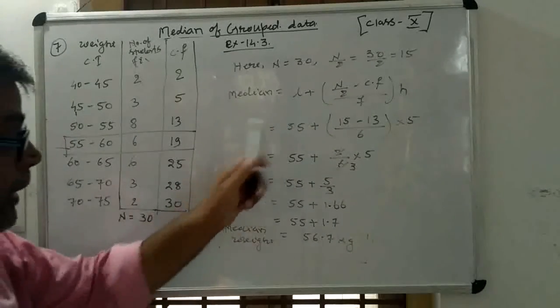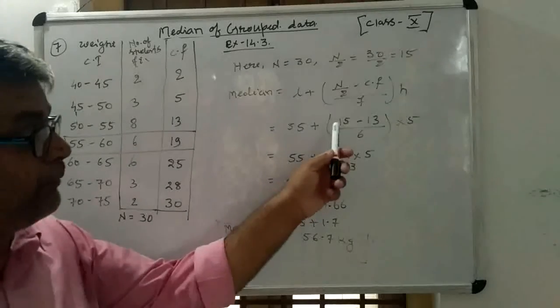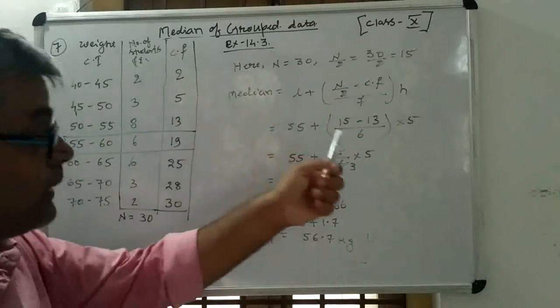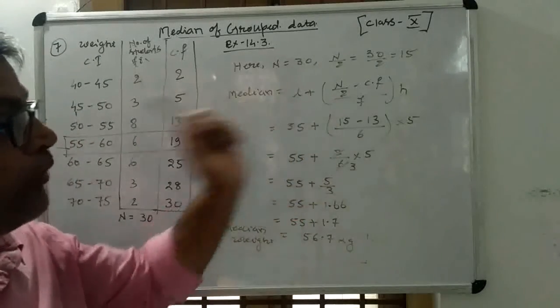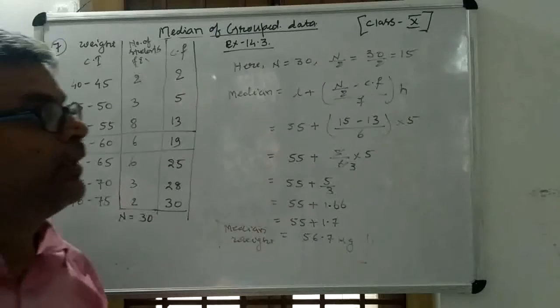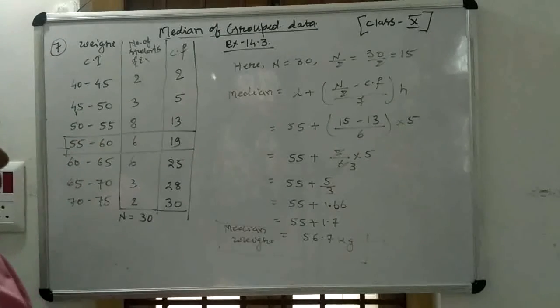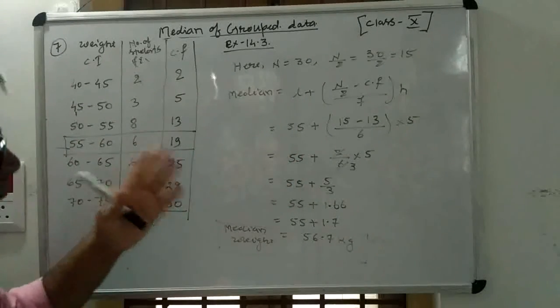Here L is 55 plus 15 minus 13 by 6 into 5. 5 is your class size, 15 is the value of n by 2, and 13 is the cumulative frequency of the class preceding the median class.